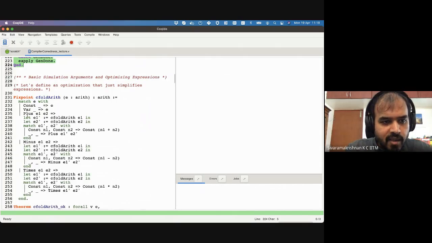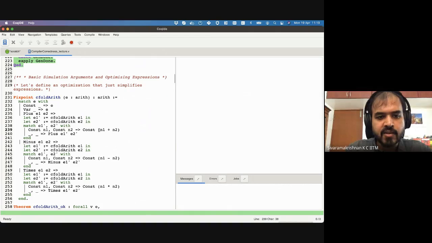So if you have an arithmetic expression which is plus e1 e2, you constant fold e1, constant fold e2, you get e1 prime and e2 prime. If both e1 prime and e2 prime are constants, you just replace that with the constant expression whose value is n1 plus n2.